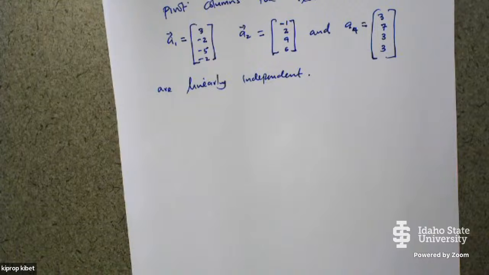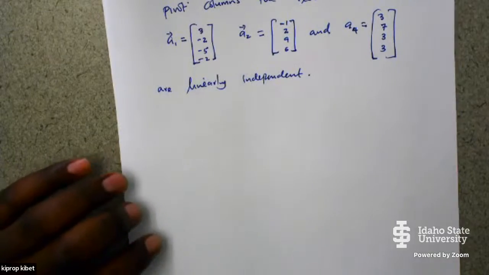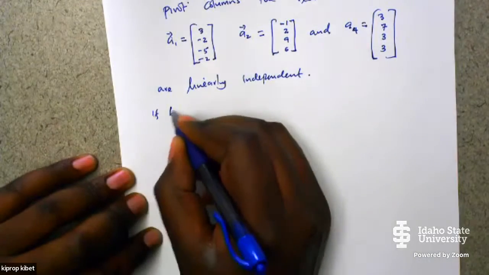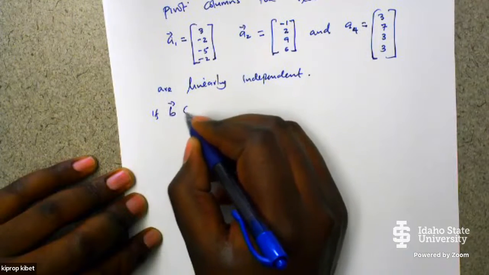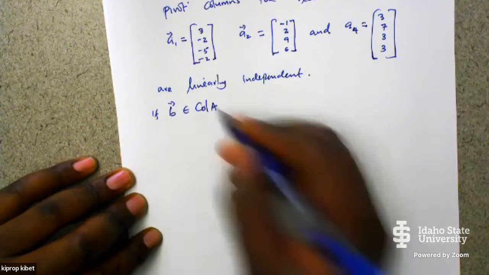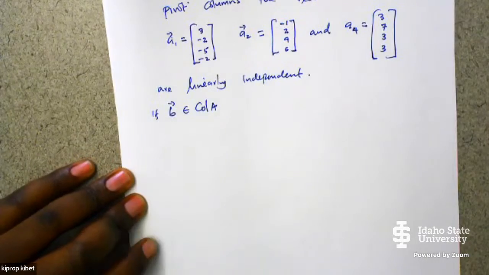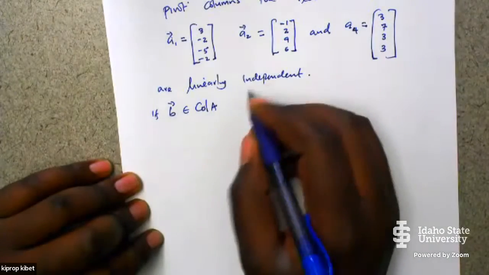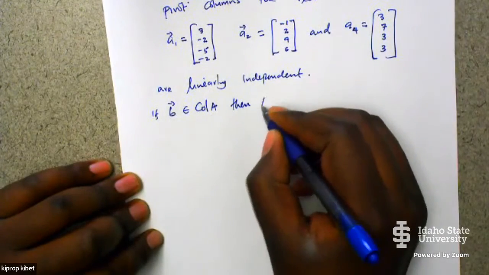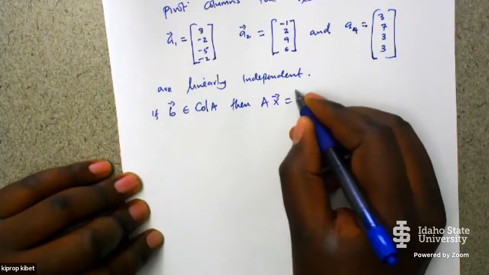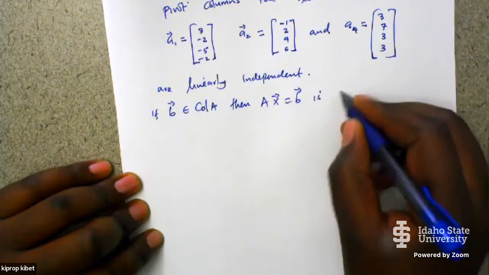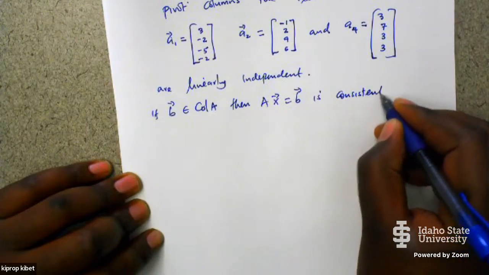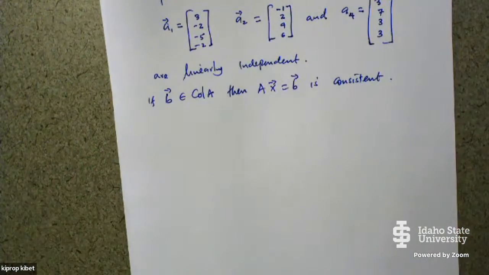If these are linearly independent, then if B is an element of the column space of A, AX equals B is consistent.